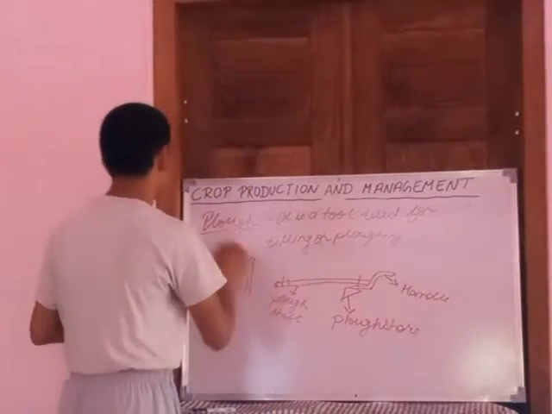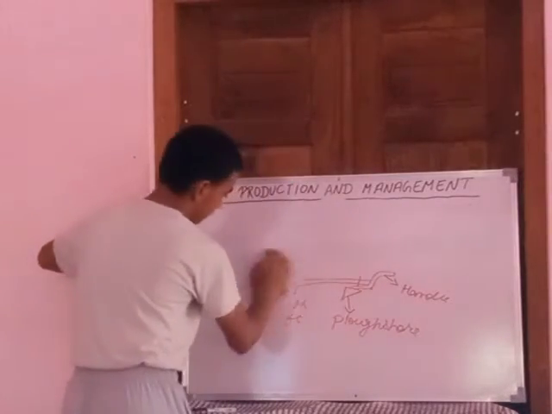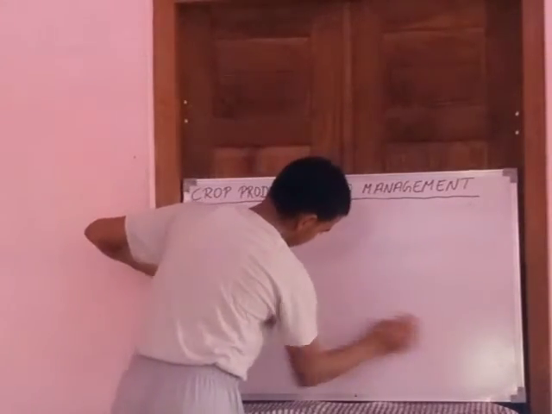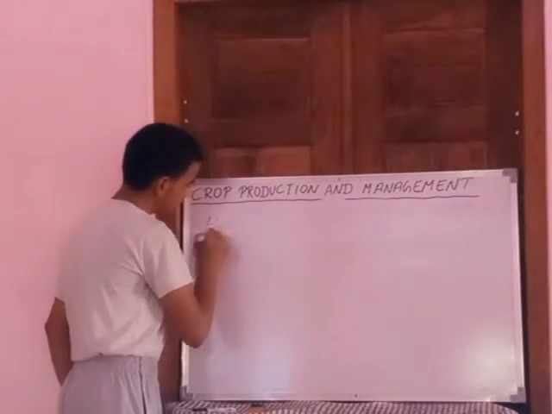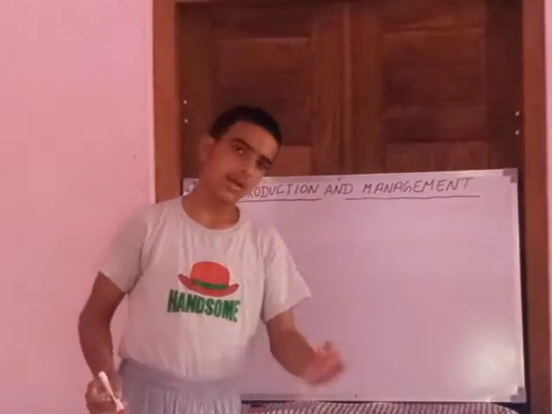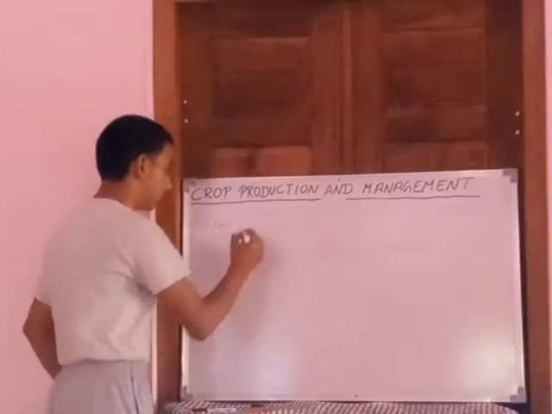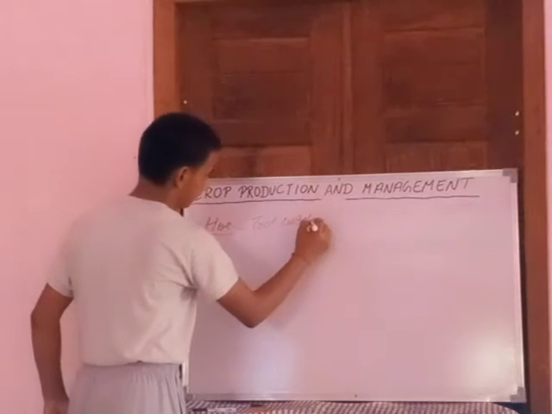Now let's discuss the hoe. It is a simple tool used for removing the weeds or loosening the soil.